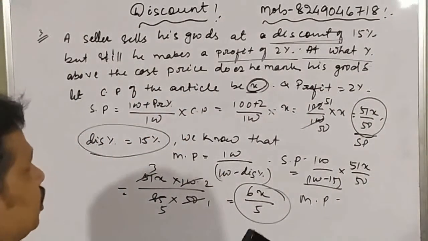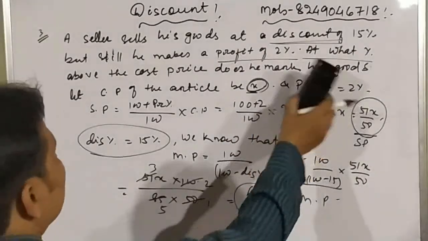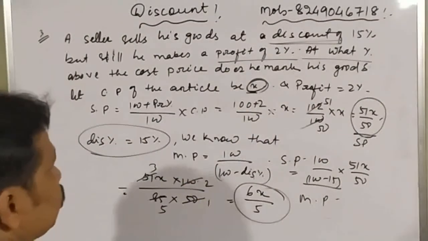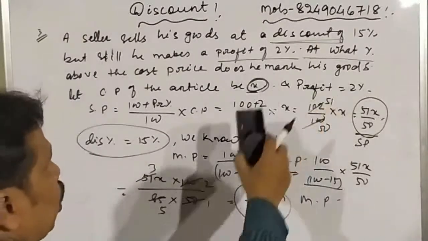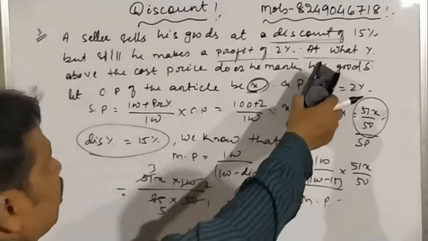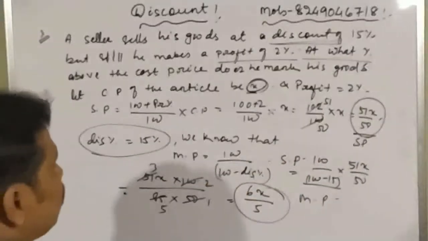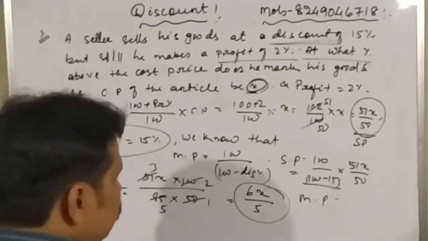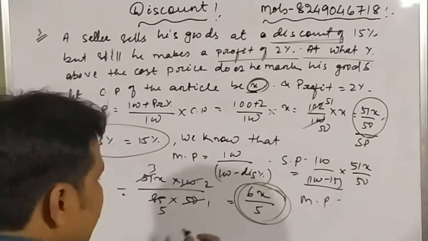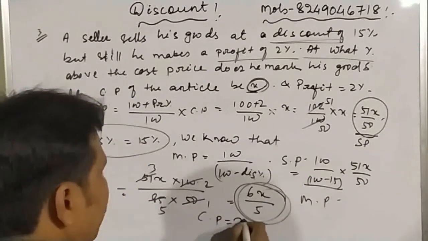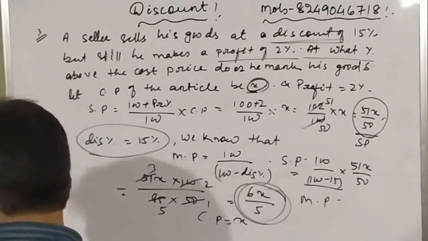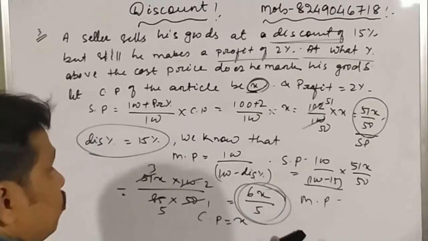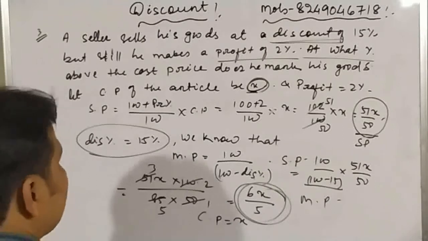We have to find how much the mark price is above the cost price, what amount the mark price is more than the cost price.